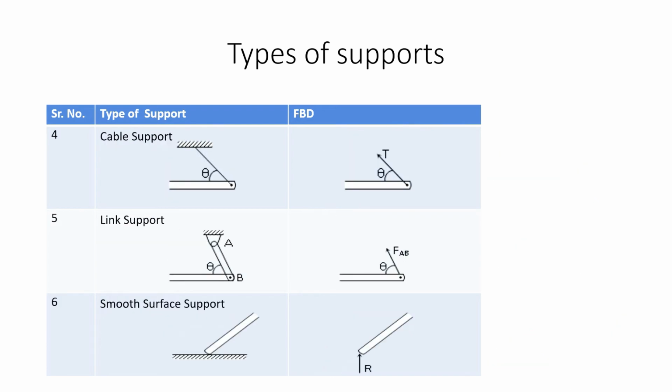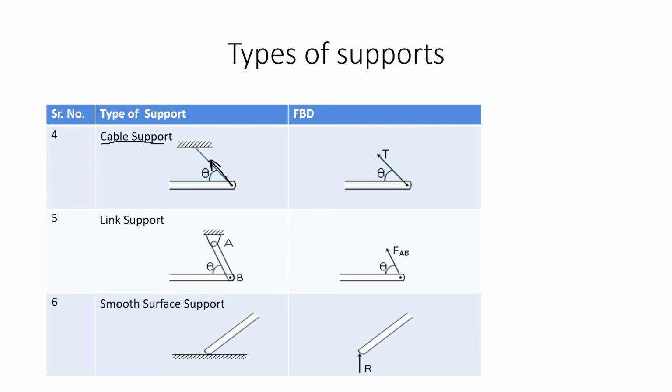Next we go for the fourth support, that is a cable support. Now remember that in a cable support, the reaction will be in the line of the cable and it will be directed towards the fixed point.